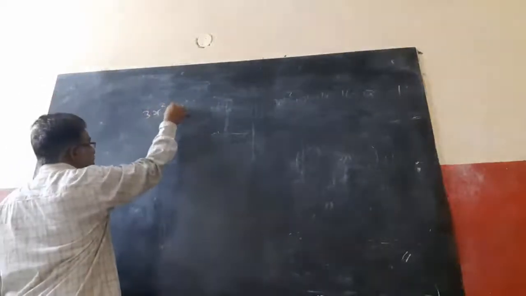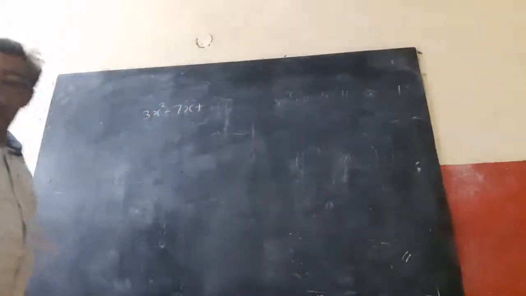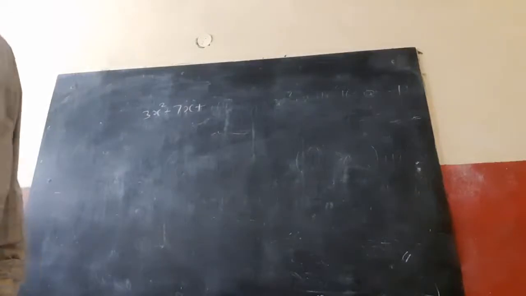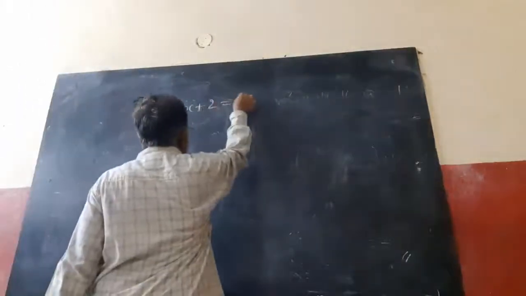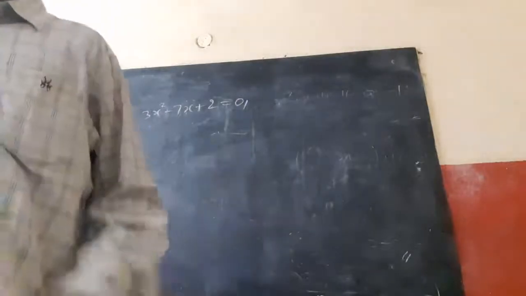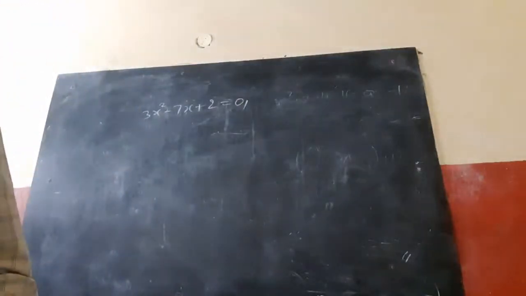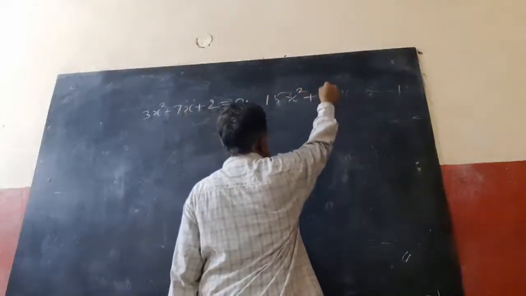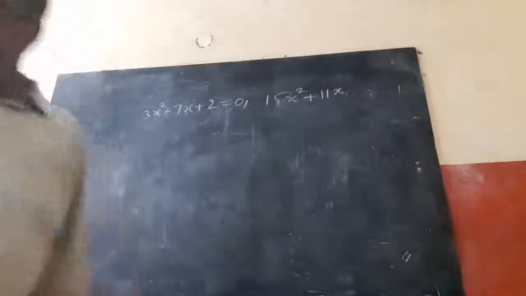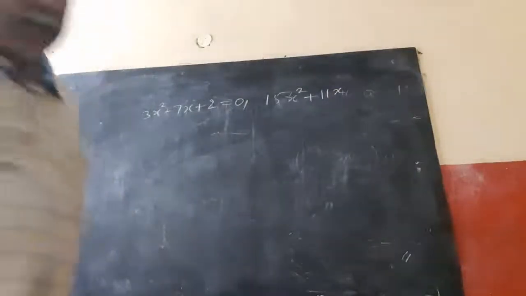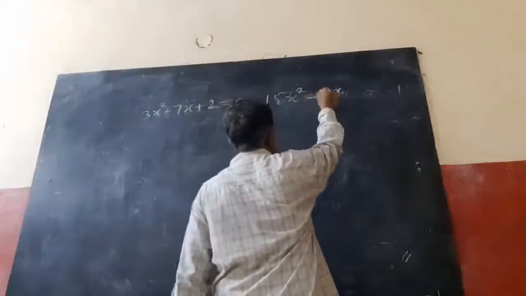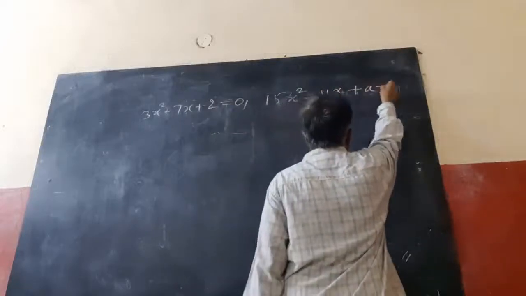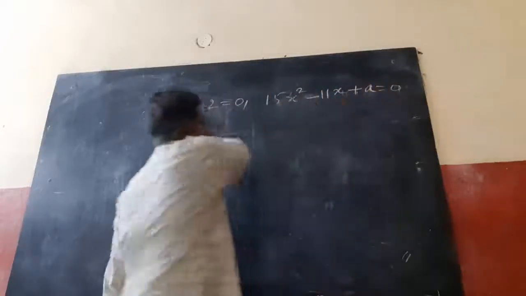If 3x square minus 7x plus 2 equal to 0 and 15x square minus 11x plus a equal to 0 have a common root. These two are having a common root.